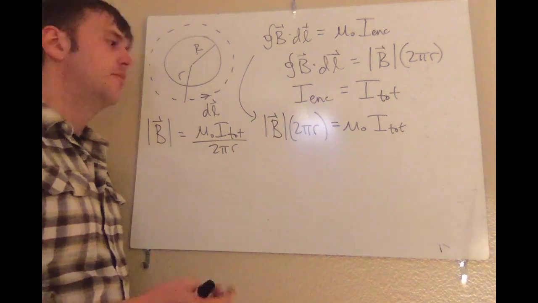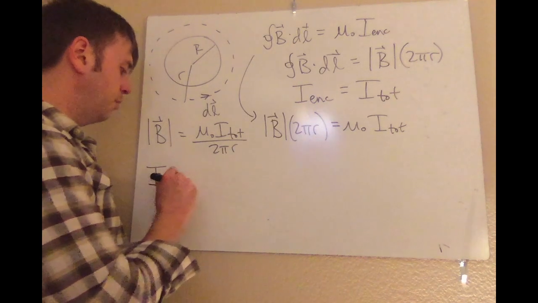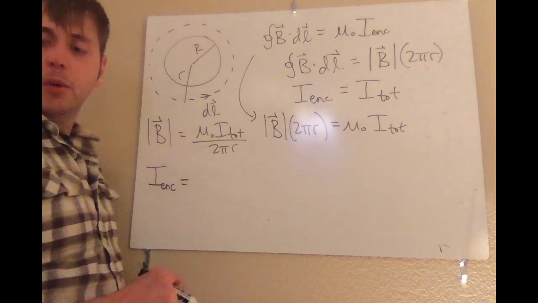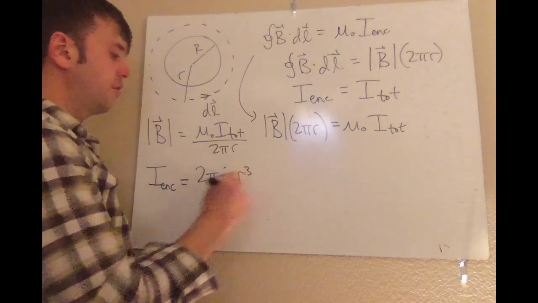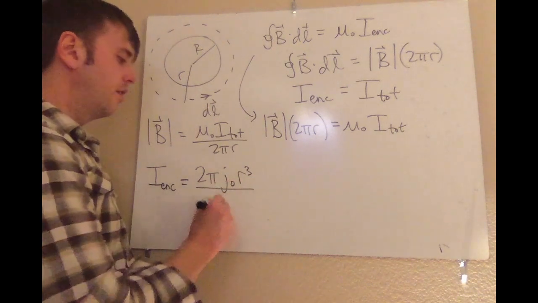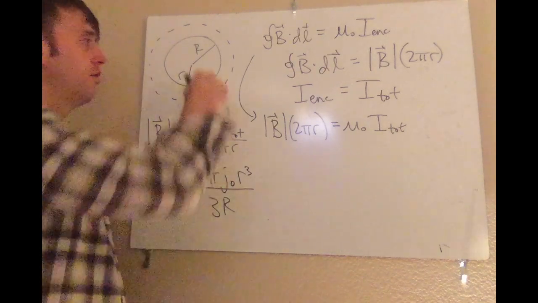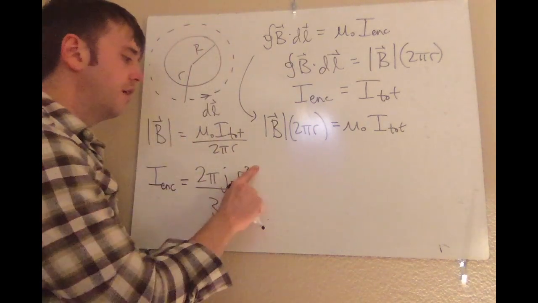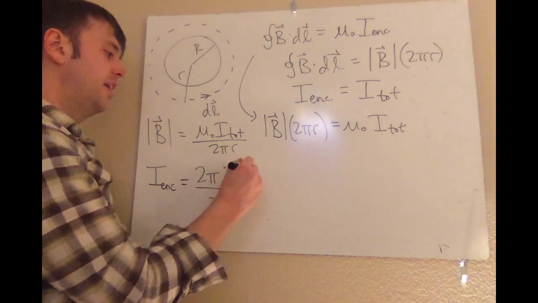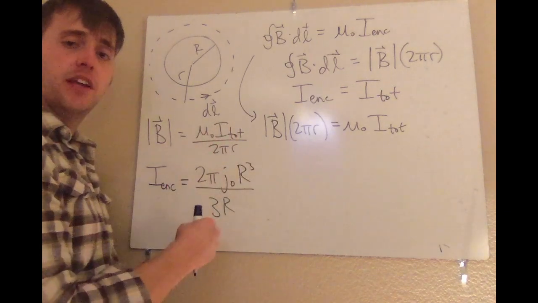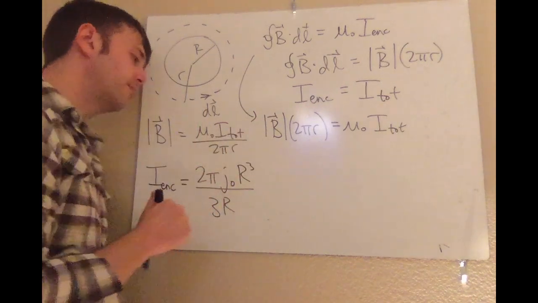So there's another way we can think about this. Let's go back to our expression from the previous problem for I enclosed. And remember that what we came up with is 2 pi times j naught times r to the third, that was little r, divided by 3 times big R. But now if we're trying to say that the enclosed current is just the total current that runs through the wire, that means we should take this r and make it big R, because that way we're taking the total current all the way out to big R, which is the total current that's in the wire.